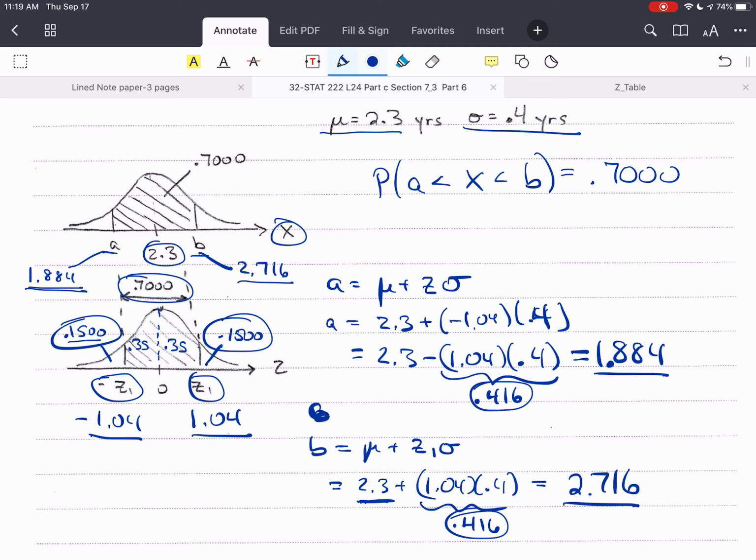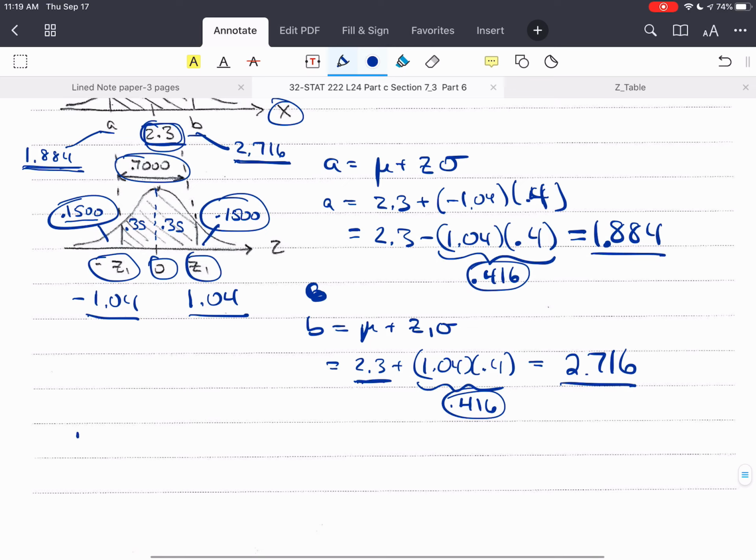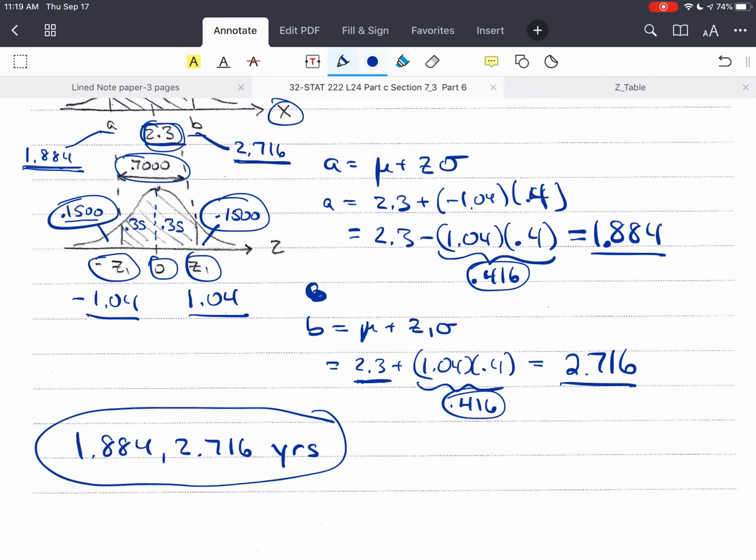And since the mean is 2.3, if I find this value first, this value certainly wouldn't be a negative 2.716 because we're not centered around 0. The reason it works in the z-table is that the mean is 0. Okay, so we have found the solution to this problem, 1.884 and 2.716 years. Okay, that's the answer.